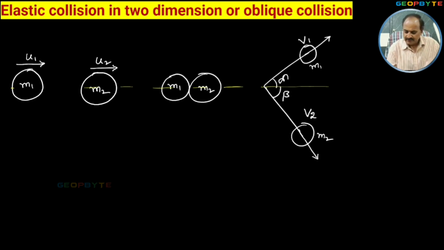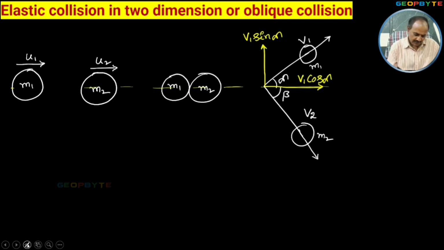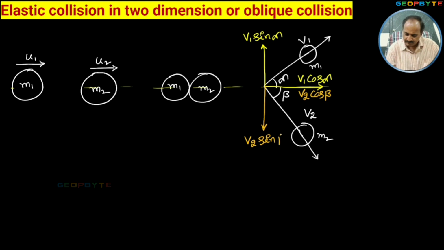Body 1 has the horizontal component of velocity v1 cos alpha and the vertical component v1 sin alpha. Similarly, body 2 has the horizontal component v2 cos beta and the vertical component v2 sin beta.